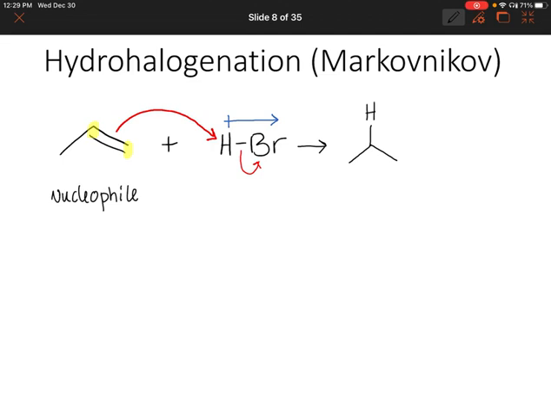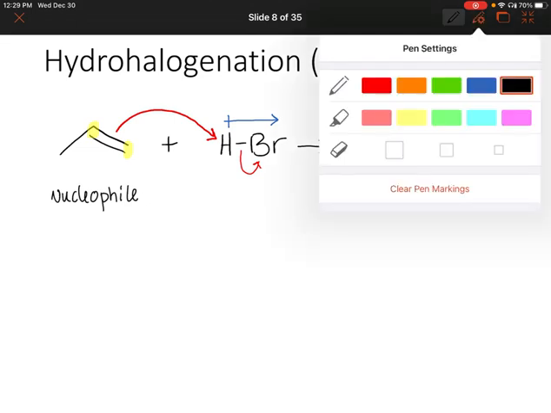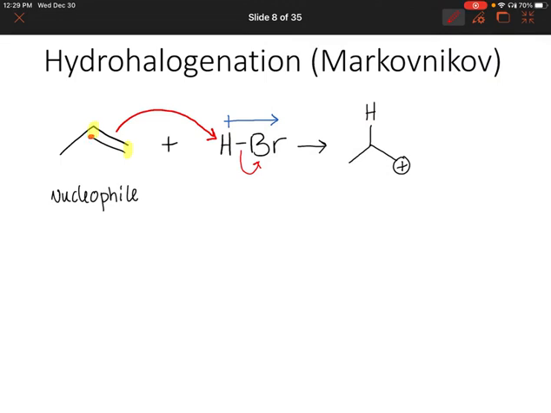If it adds to that central carbon, the carbon on the end won't have enough electrons to be neutral, so it will be positively charged. So what's happening here is both of the electrons in the double bond are going towards the new sigma bond between carbon and hydrogen. So the carbon on the end is left without an electron, so it's positively charged.